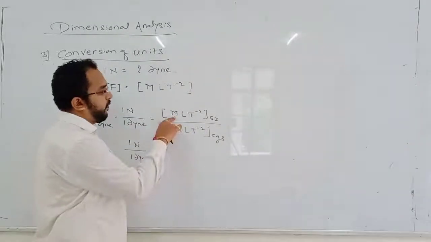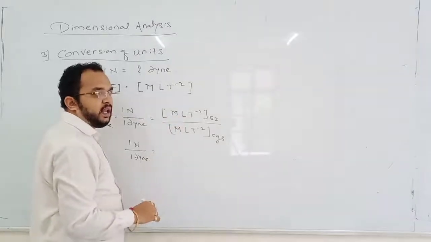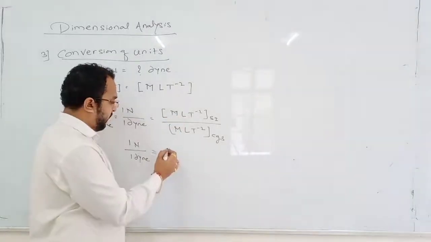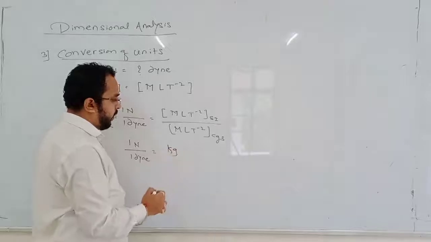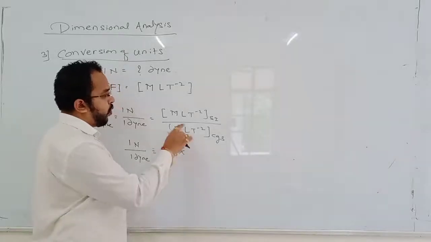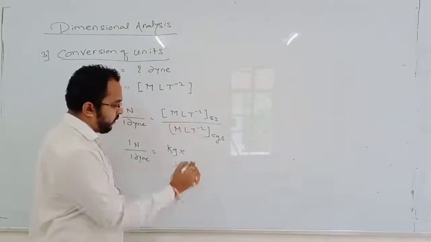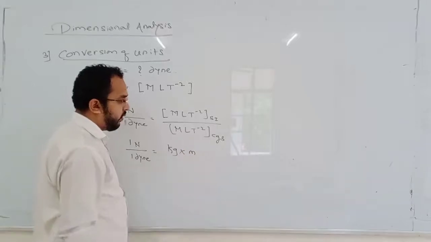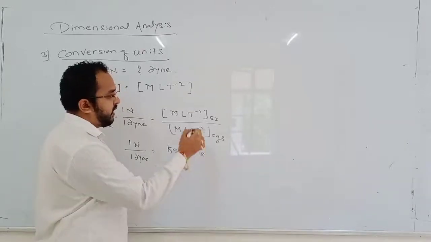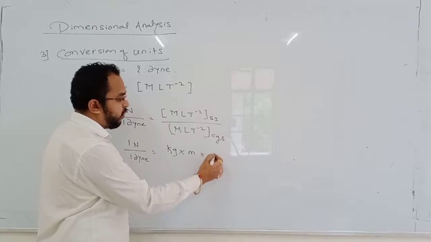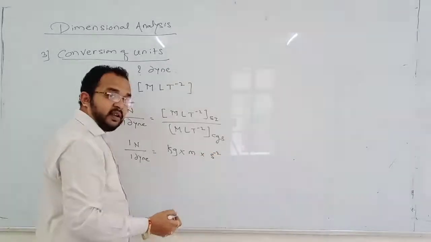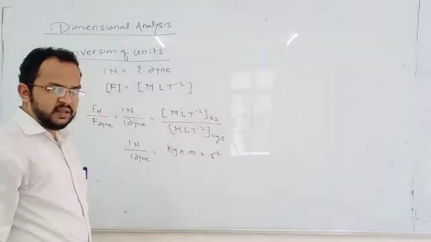What are the units of mass in SI unit system? Kilogram, into what are the units of length, meter, into time to the power minus 2, that is second to the power minus 2. Time is second in both CGS and SI, upon.